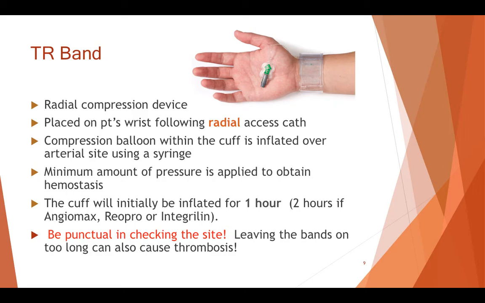They'll probably come up with some topical hemostatics, special foam and dressings that will help the bleeding clot, and they might use special patches that promote platelet activation and speed up hemostasis. But your role is to really check to see if the TR band is ready to come off.